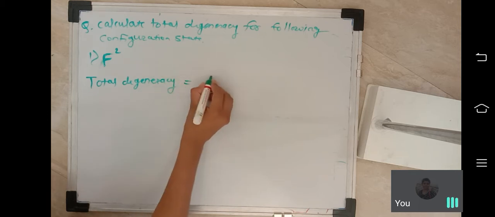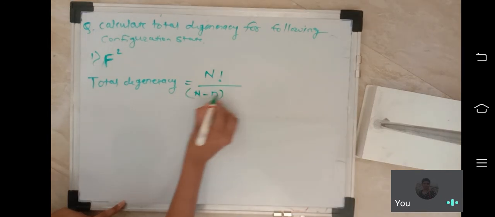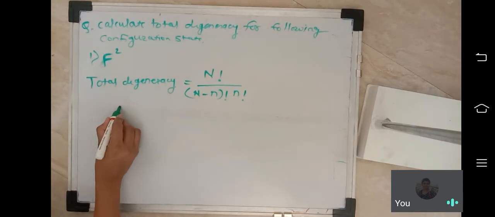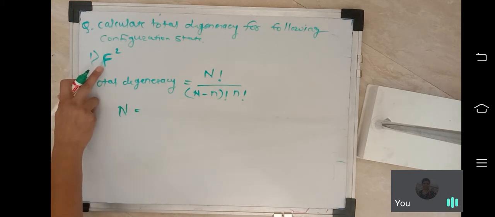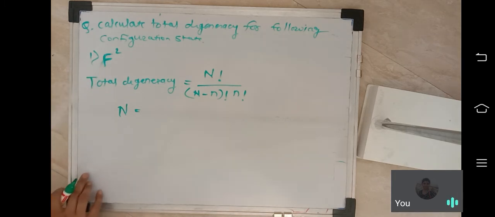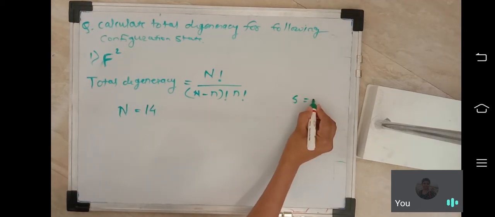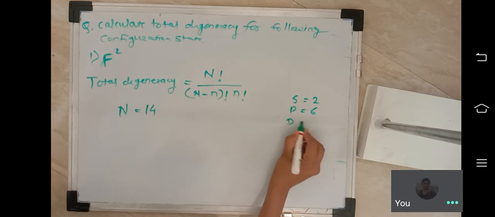The formula is capital N factorial divided by N minus small n factorial, times small n factorial. Here N means how many suborbitals are present in F. Seven orbitals are present, and the number of electrons in F orbital is 14.